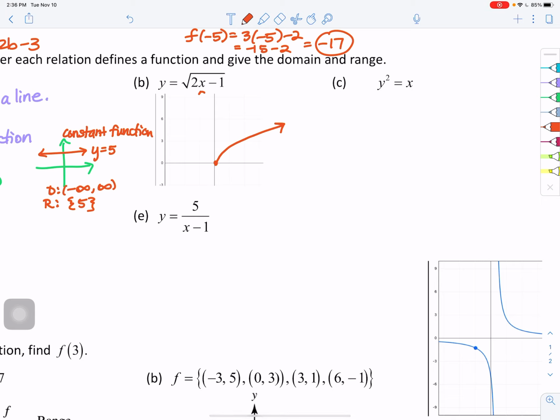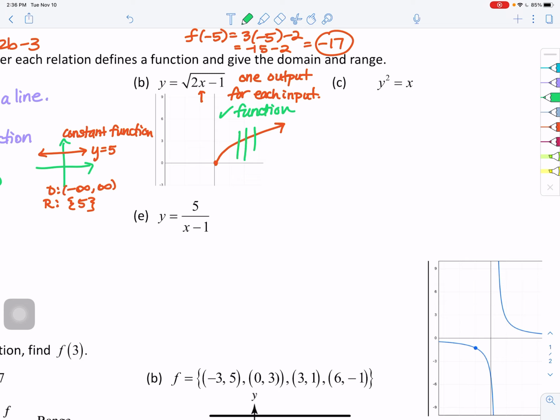Any x value you put in here, 2 times that value minus 1, the square root, you're really only going to have one output, which is one y value for each input. So you know right away that we have a function. You can also use the vertical line test if you can graph it. So that might help.